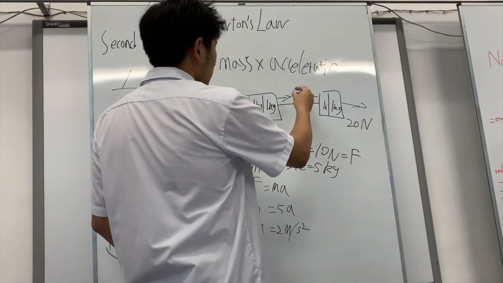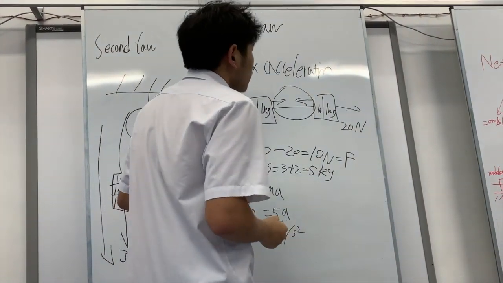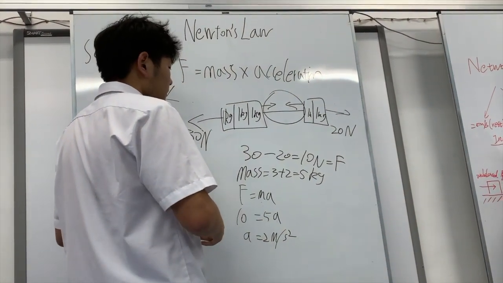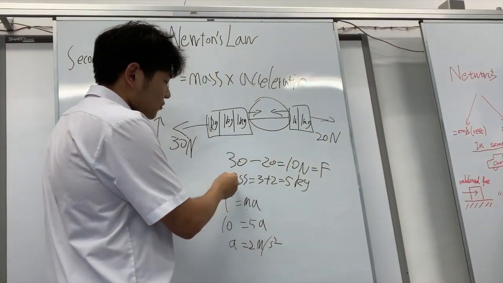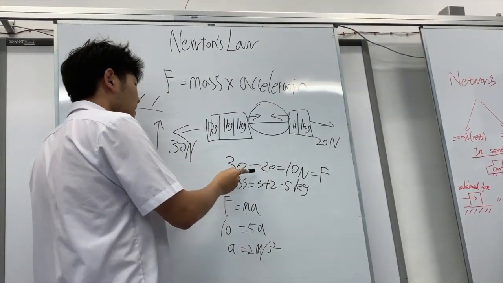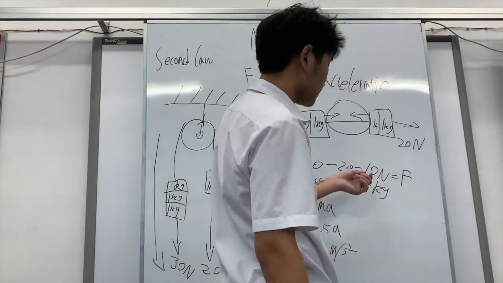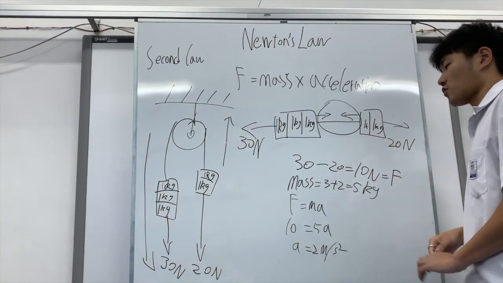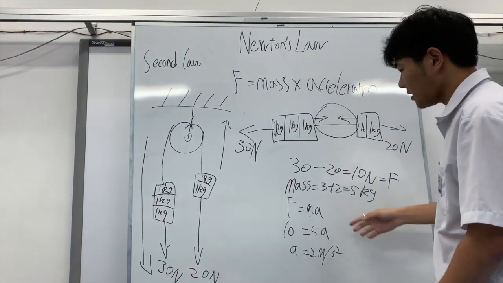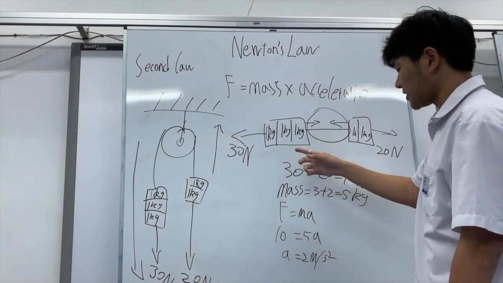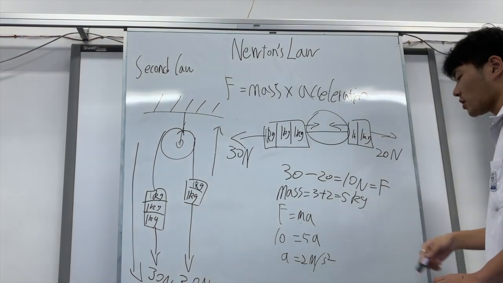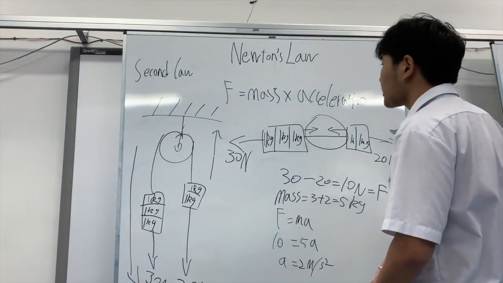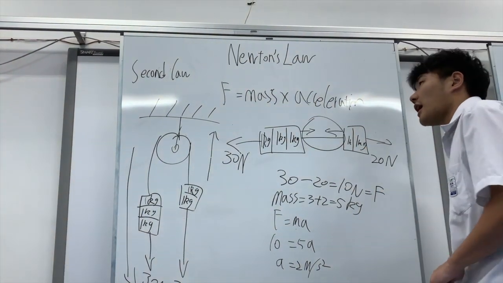So here's the result force: we use 30 newtons minus 20 newtons. We get 10 newtons. This is our result force. Our mass equals 3 plus 2. We get 5 kg.